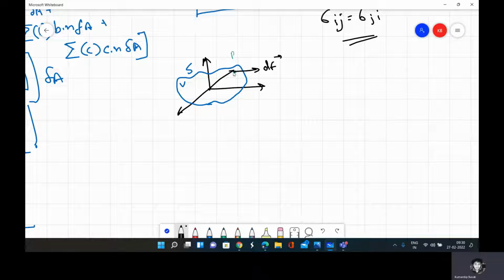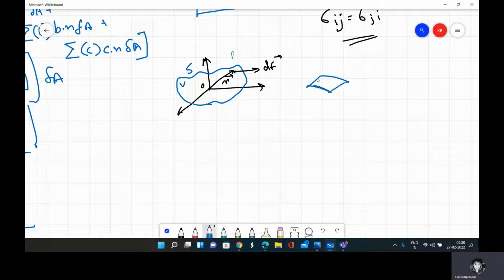The radius vector to that point P from the origin is r. So at point P, a surface force dF is acting. Now, if we zoom into this force acting portion, we will get something like this.